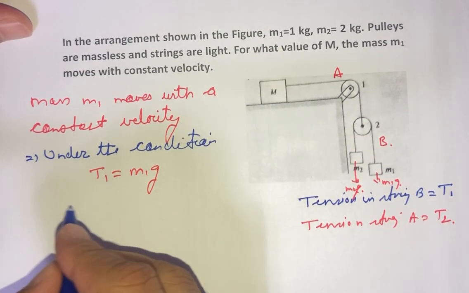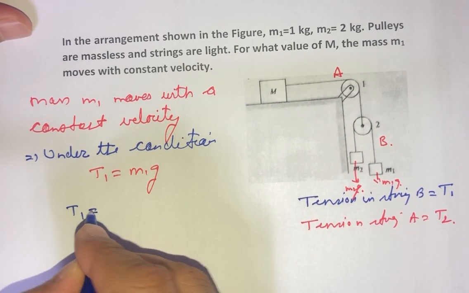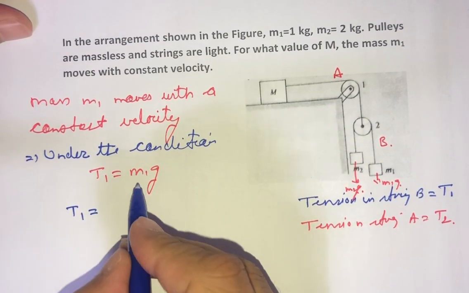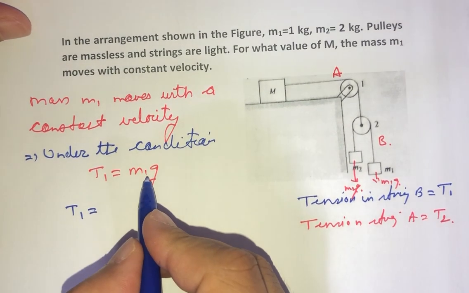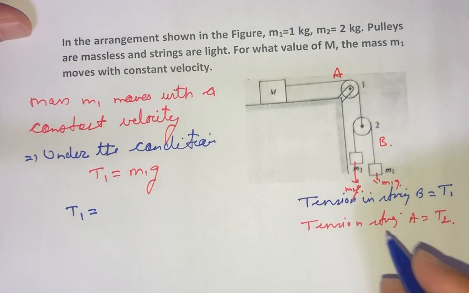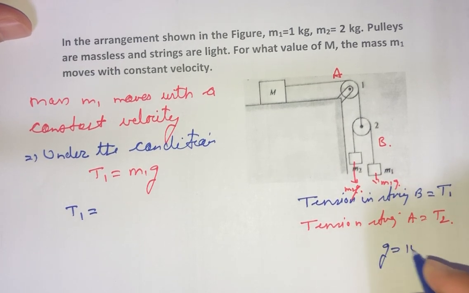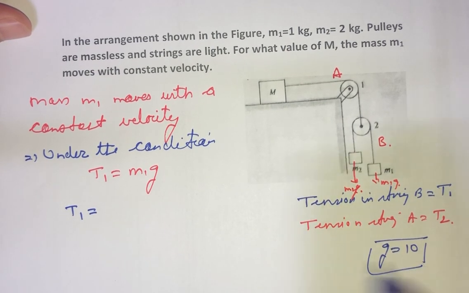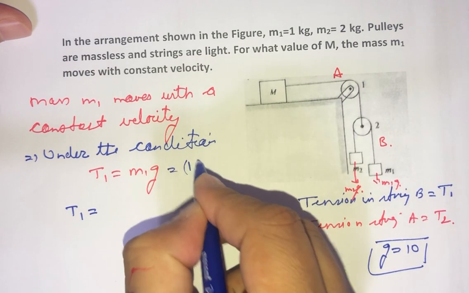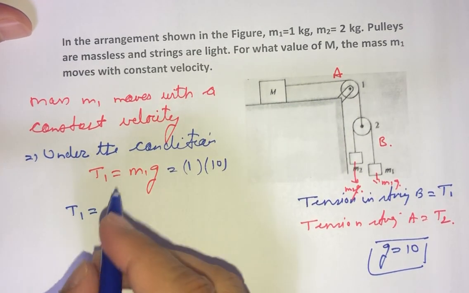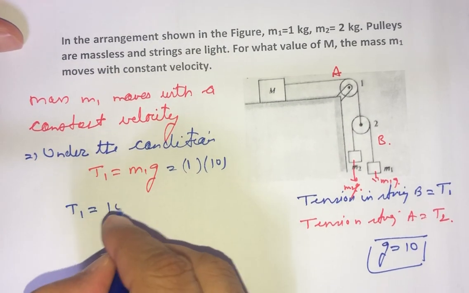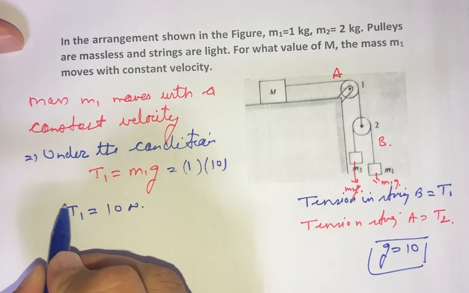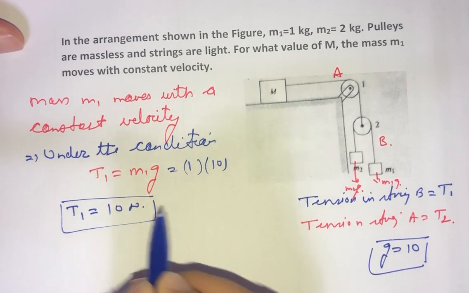So from here we can find the value of T1. T1 will be equal to 1 into 10, taking the value of G as 10. So T1 will be 10 Newton.